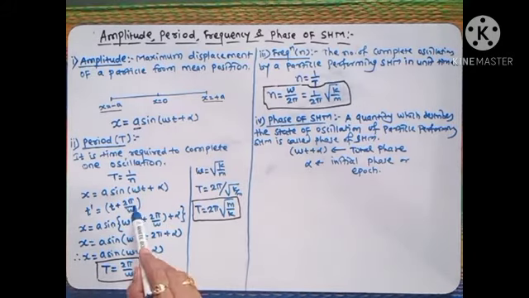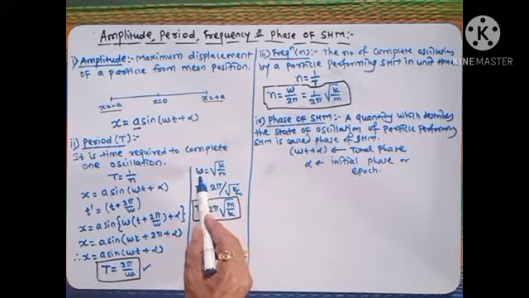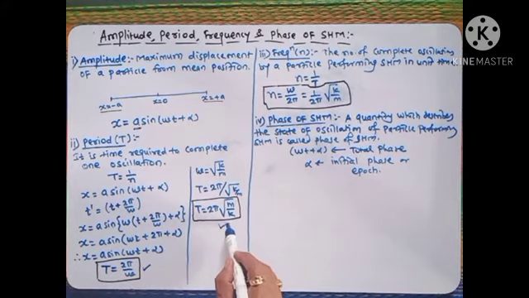After this much time, 2 pi by omega, we come to the original position. This is the periodic time. Therefore T equal to 2 pi by omega, and omega equal to root k by m. Therefore T equal to 2 pi upon root k by m, or T equal to 2 pi root m upon k. This is the next formula for period. You have to remember all these formulas.